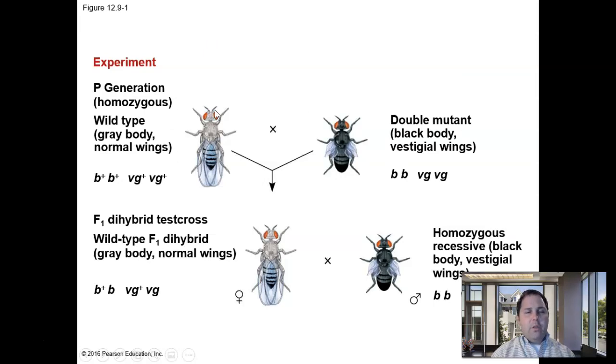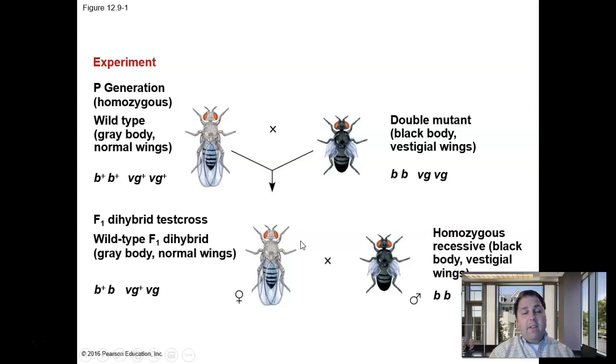So here is your wild-type fly, gray body, normal wings, so B+, VG+. Here's your double mutant, black body, vestigial wings, B, VG. So when you cross these, you get a heterozygote. If you mate this heterozygote with a homozygous recessive, you would expect to get only the parental phenotypes.